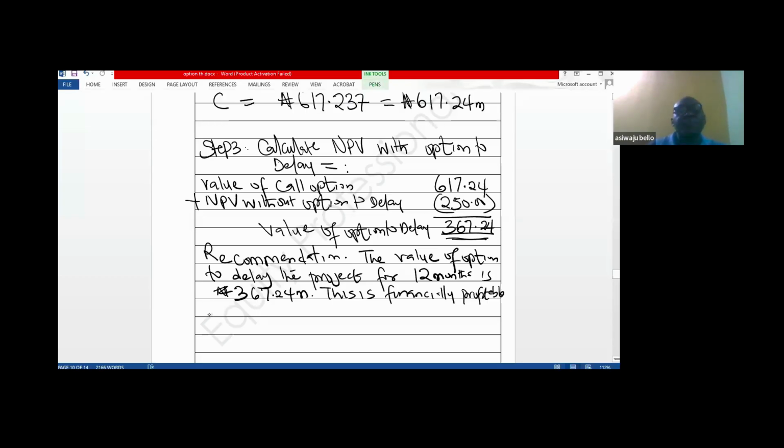Hence, the company should commercially develop and market the products after 12 months.